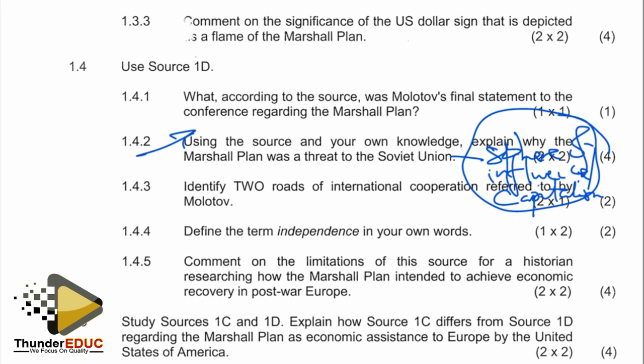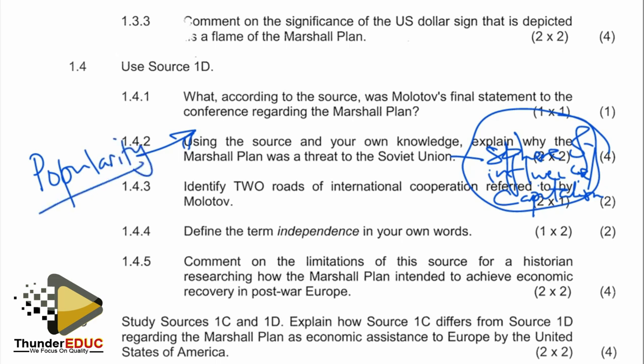Also, the communist ideology was gradually going to lose its ground to capitalism, because the capitalists were doing something to assist the world, to assist Europe, while the communists hadn't come out with an initiative. It was also a threat because they were going to lose ground to capitalism by not having a fixed plan, and by losing their popularity.